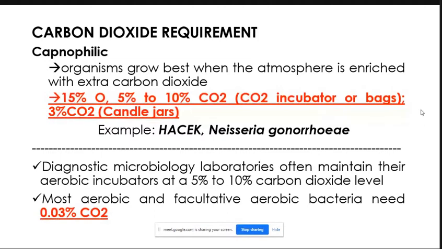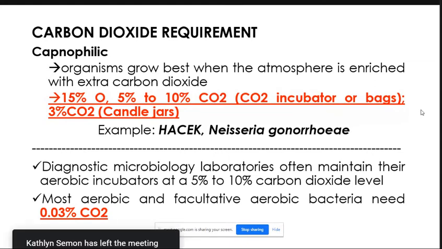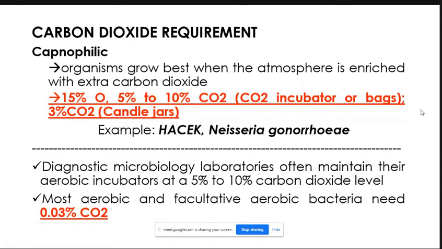So how do you provide the 3% carbon dioxide? Is itong candle jars. Usually, we just improvise this one, but we'll also have that sa laboratory. Yung candle jar kasi meron tayong gas pack, meron din tayong ginagawa na improvise lang na candle jar kasi mahal yung gas pack.